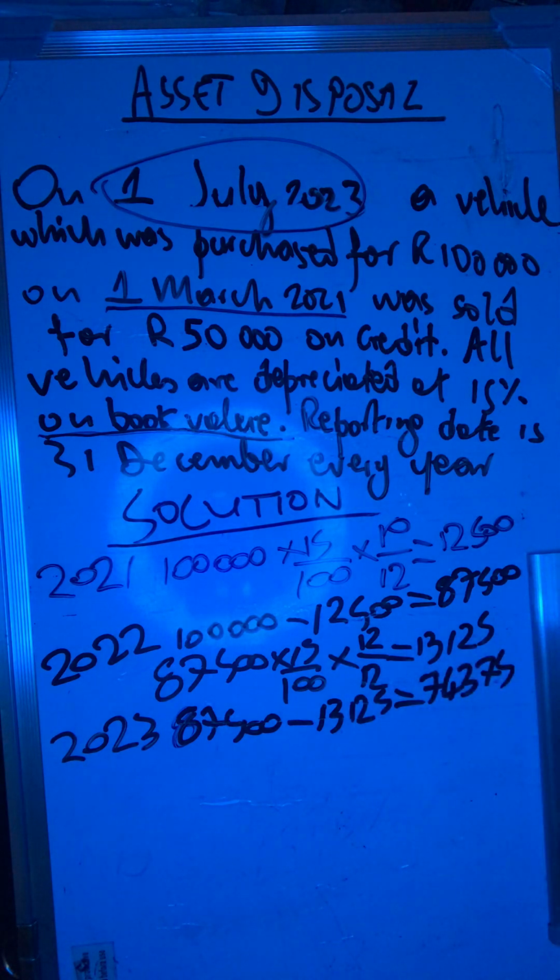Remember, the closing balance of the previous year becomes the opening balance of the current year. So the carrying value at the end of 2022 becomes the opening balance of the year 2023. So at the beginning of 2023, our carrying value was 74,375.